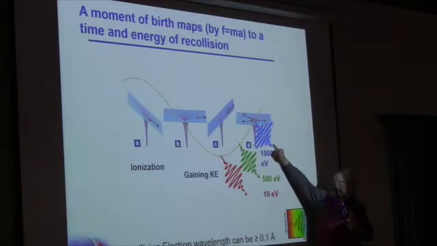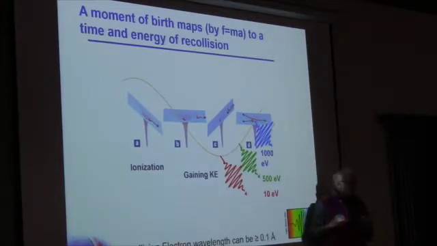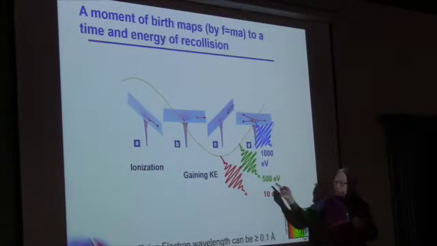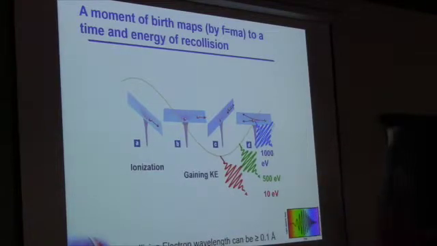It depends on the field at which the electron is born and things like that. But this can go up to a kilovolt under some circumstances. And so the bandwidth can be huge, and it's a frequency coded or chirped pulse, just like we described before.